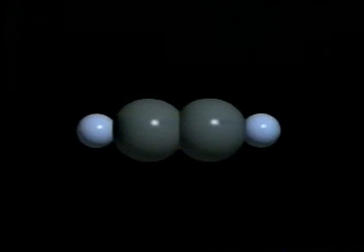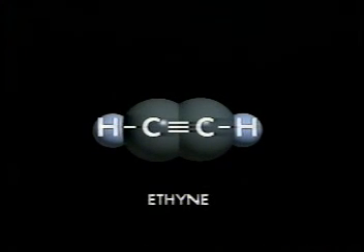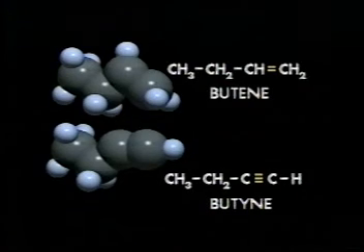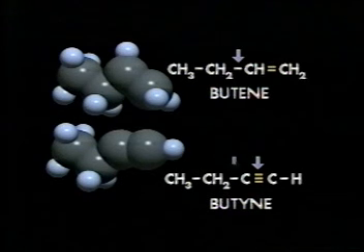Carbon also forms a triple bond. This is ethyne. The yne indicates a triple bond. So we can get propene and propyne. For butene and butyne, there are 2 places where the double or triple bond can be.